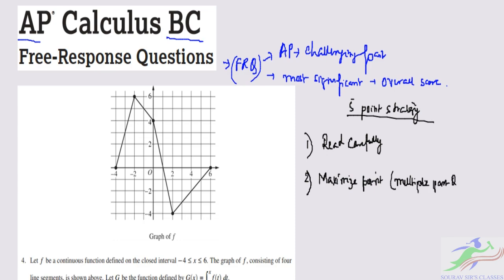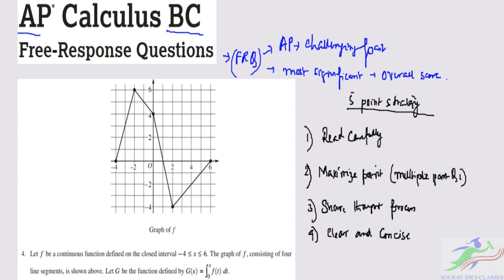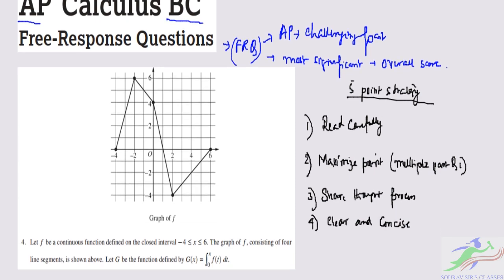Point number 3, share the thought process, how you are thinking to solve the problem, what is your approach. You must be clear and concise. What is the problem saying, what is your approach, how will you move toward the solution for this problem.